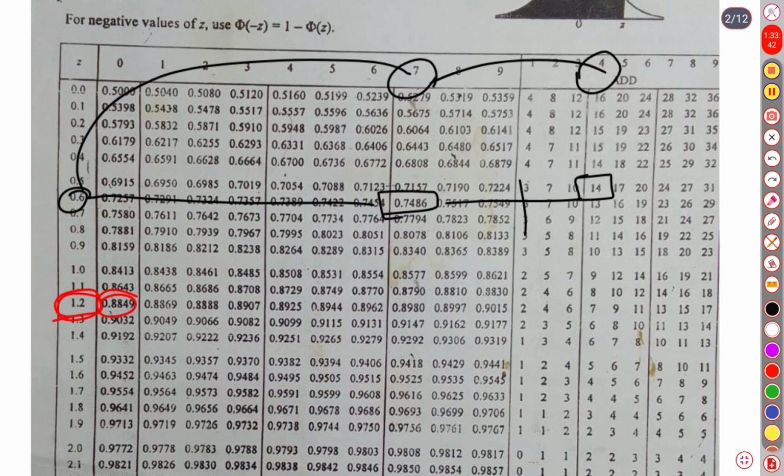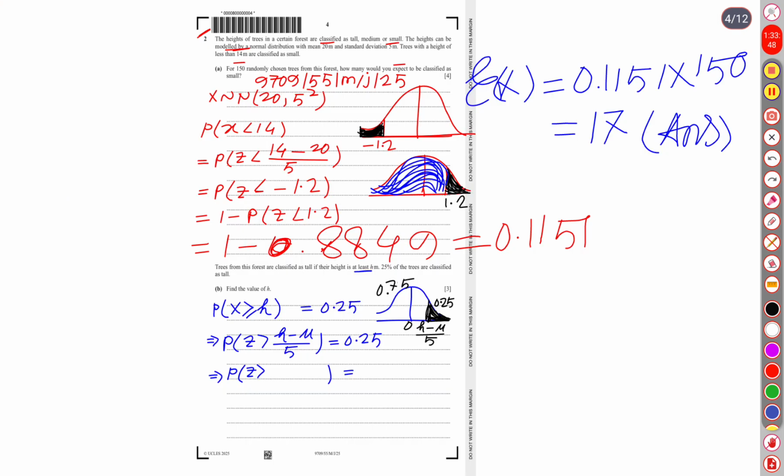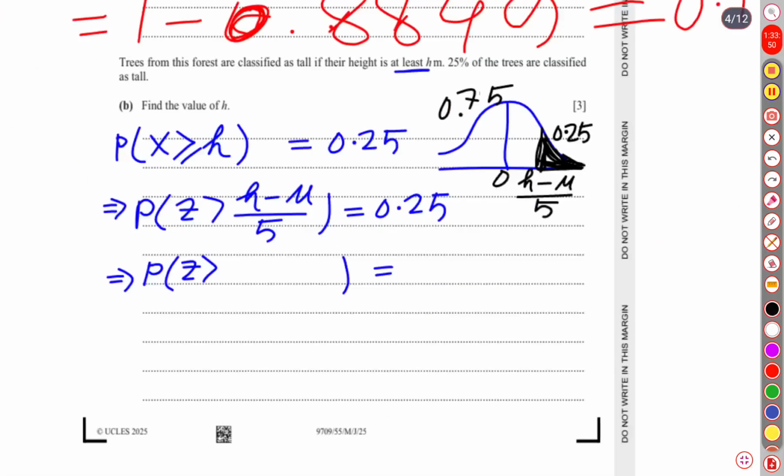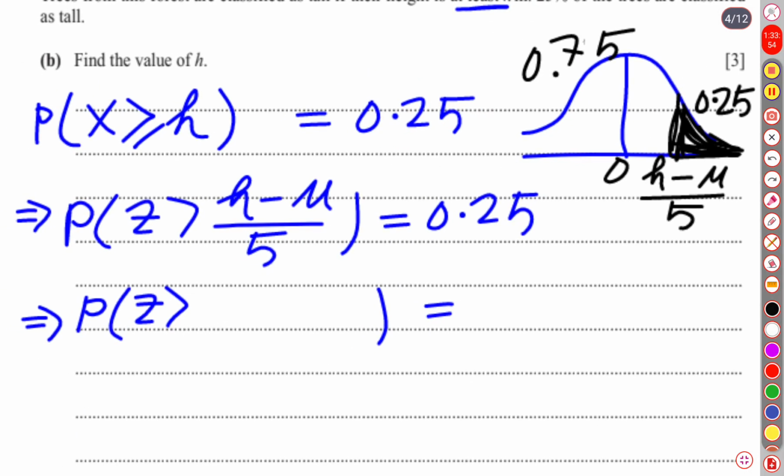So let us write this value. Our z-score is 0.674 when the probability is 0.25.